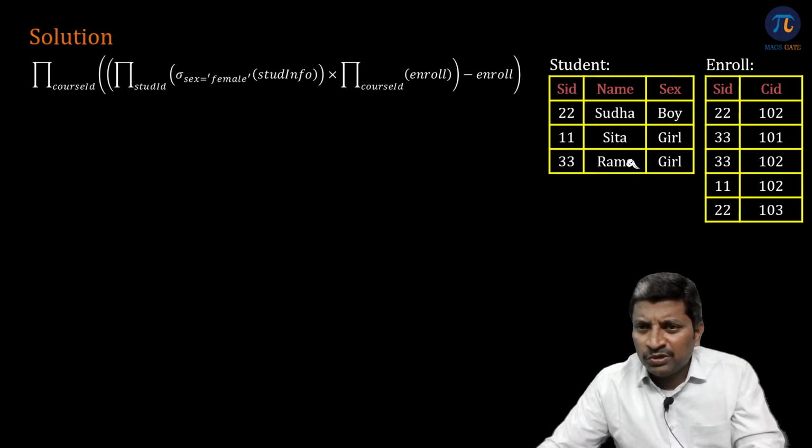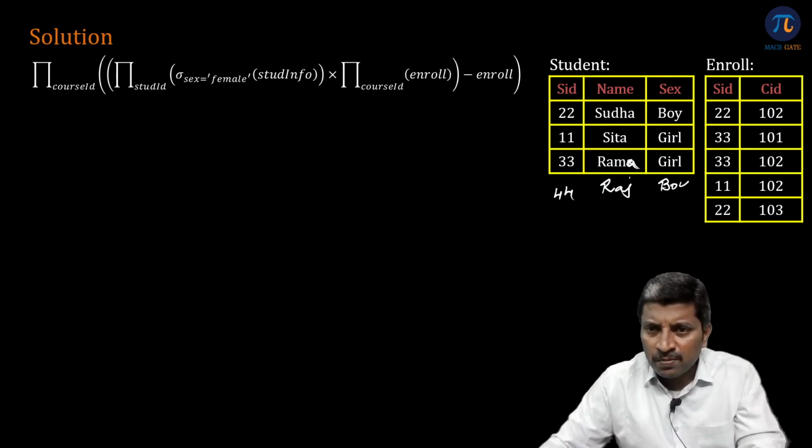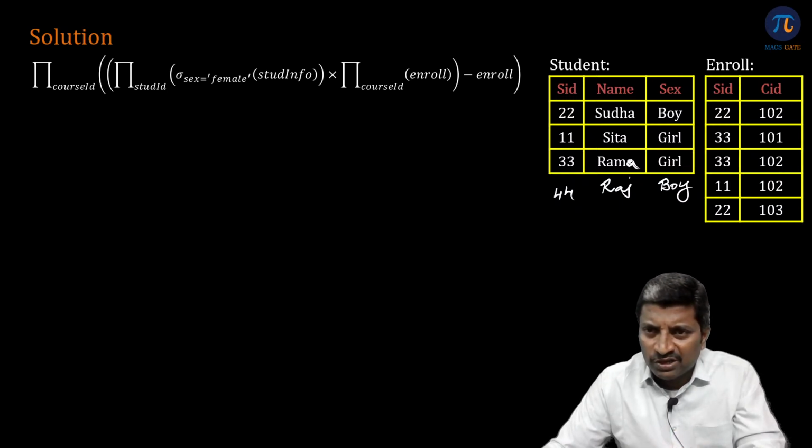So 102 is taken by one girl student, one boy student, fine. 101, one girl student, fine. One boy student I want, right? So let me write one more boy also, let's have Raju. Okay, fine. So 102 is satisfying the condition because 102 is taken by Sudha as well as by Rama, right?